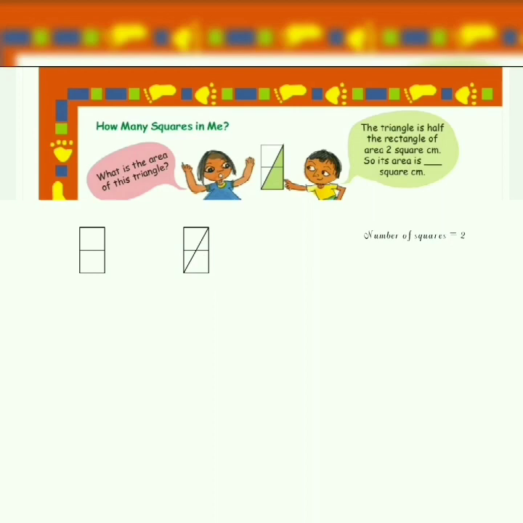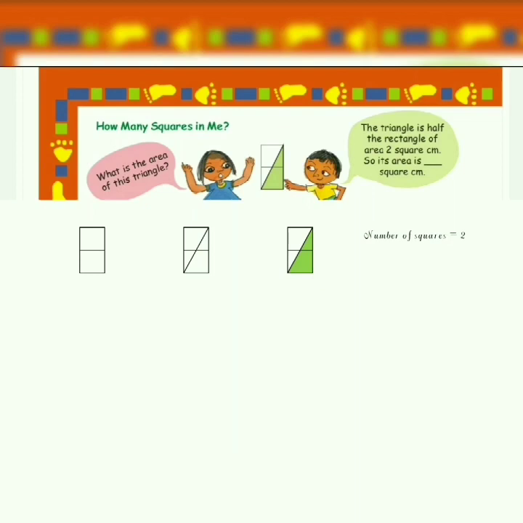So understand the next diagram properly. It is very interesting and you will get it easily. This is our upper side triangle, this side of triangle, then this green triangle, and this is our actual figure. Okay, getting it or not?